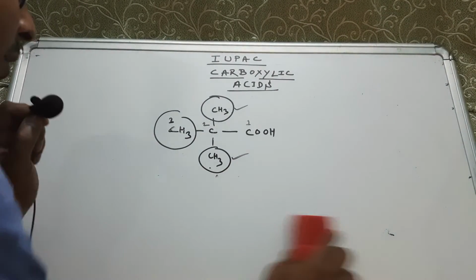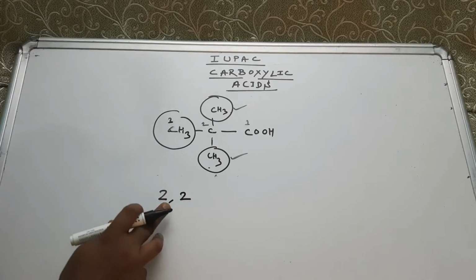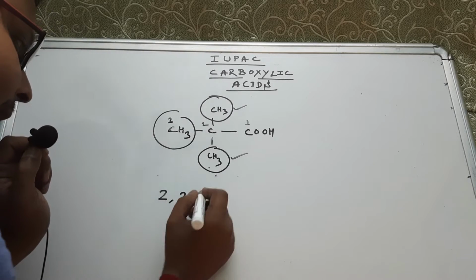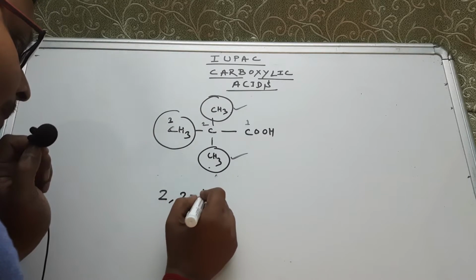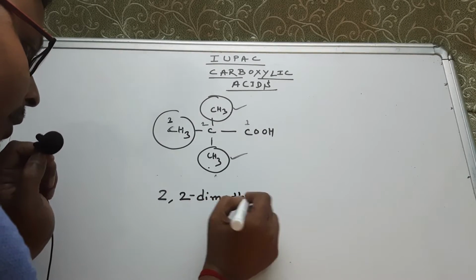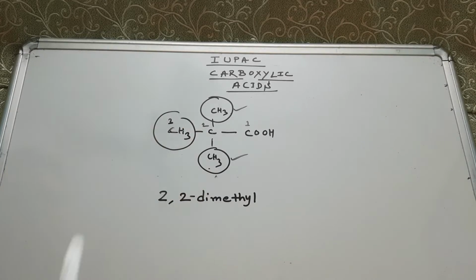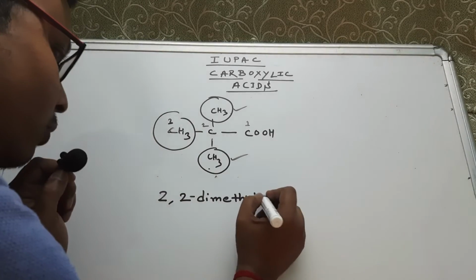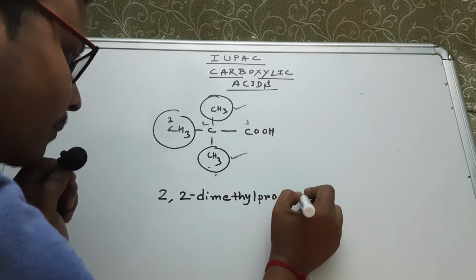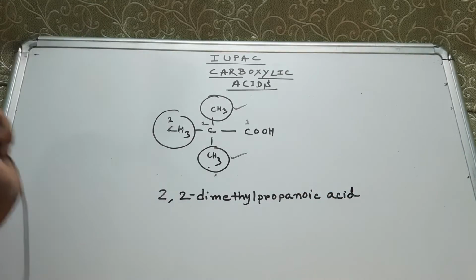Look, there is a comma between two numbers and a hyphen between a number and a letter. 2 comma 2 dimethyl, and the parent chain is 3 carbons, so propane. 2,2-dimethylpropanoic acid.